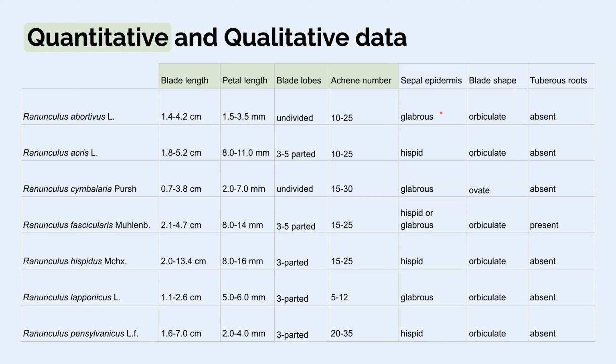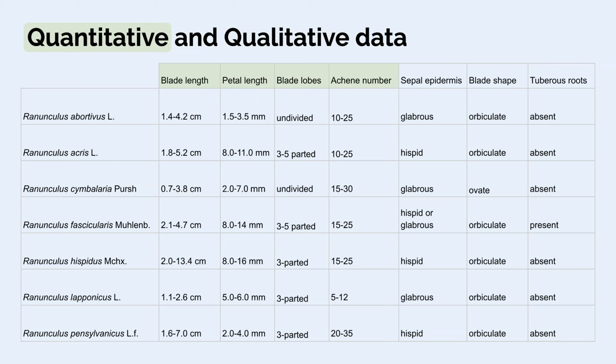The other ones are a little harder to put numbers to. These are qualitative. Presence or absence of a feature. So are we hairy on the sepal epidermis or not? Glabrous versus hispid, sometimes a little bit of both, but there's not necessarily an easy way to say there's a mix in between, a range in between those values. Shapes, same way, we have these broad shape categories.